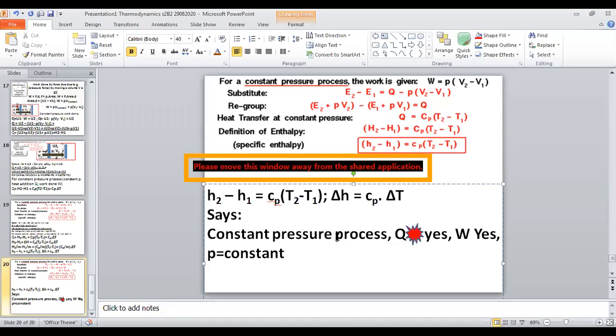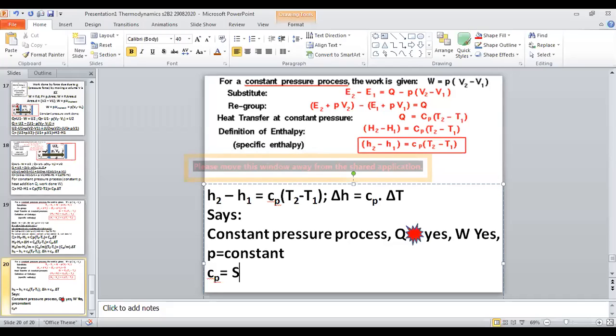And there is a name for this Cp. Cp, we call what?